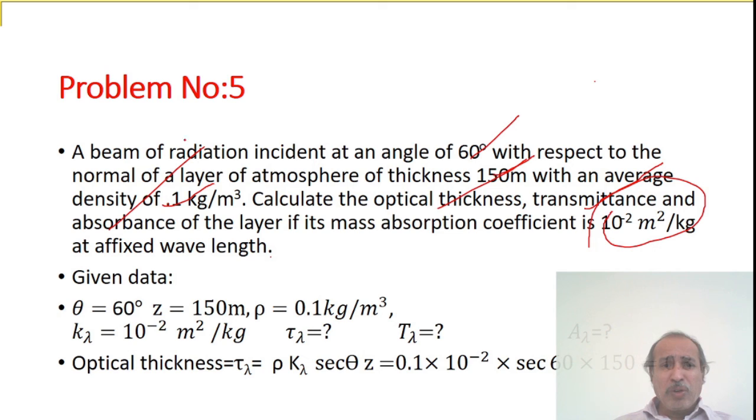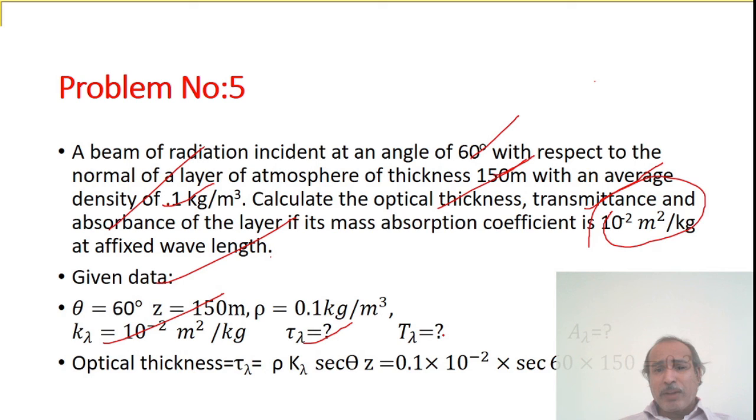So now write down all these things under the given data. Theta is the zenith angle, 60 degree, z thickness 150 meter, average density of atmosphere 0.1 kg per meter cube, k lambda the effective absorption coefficient, k lambda equals 10^-2 meter square per kg. Then find tau lambda, that is the optical thickness or optical depth.